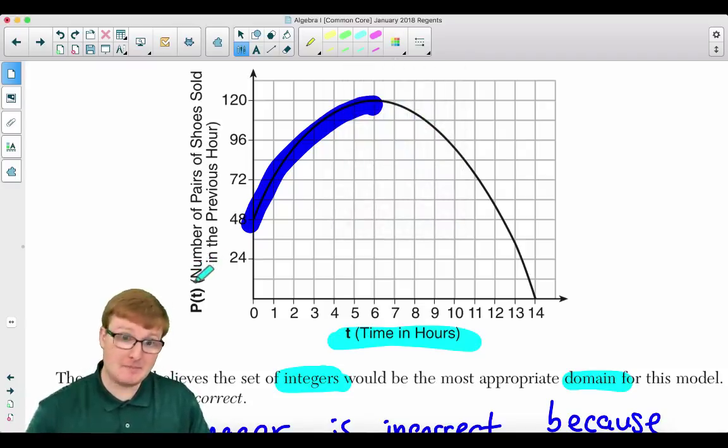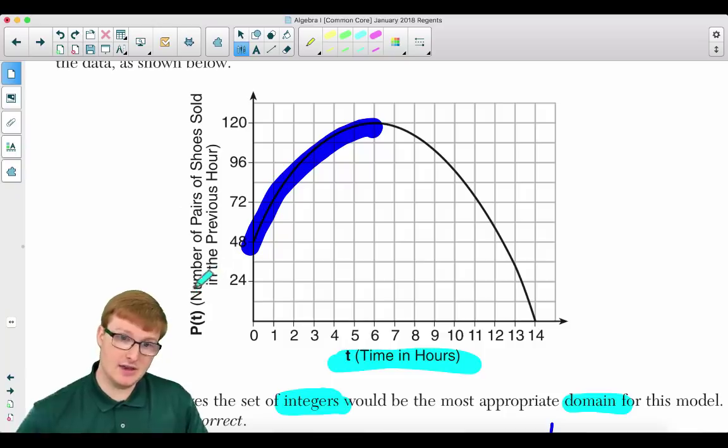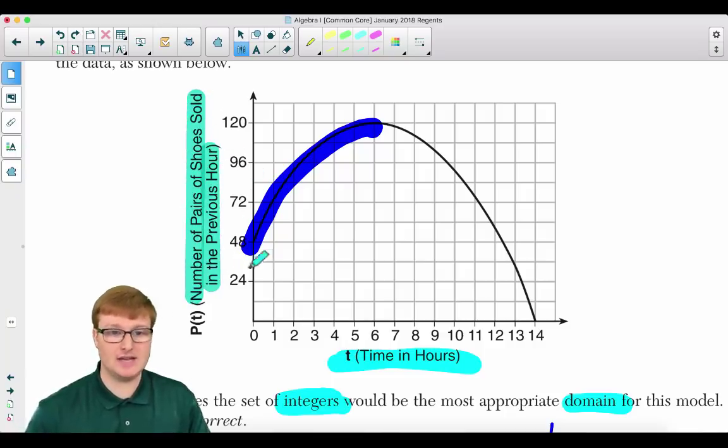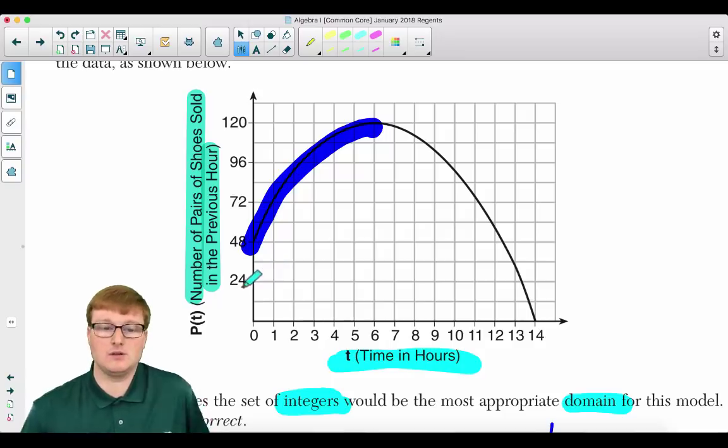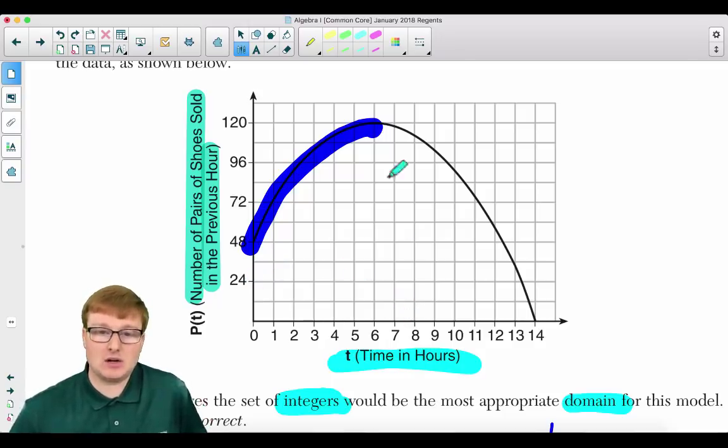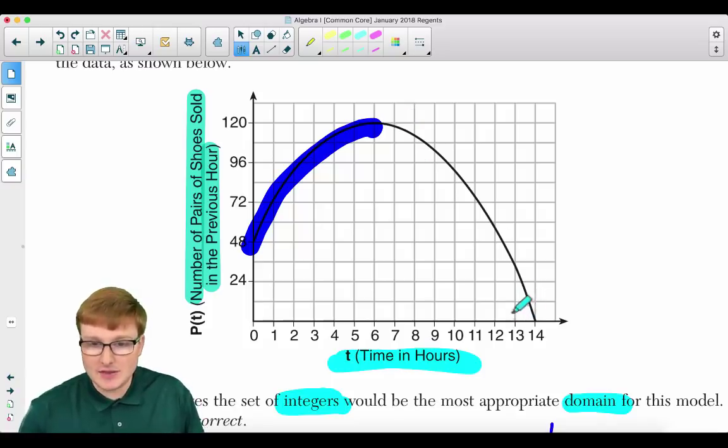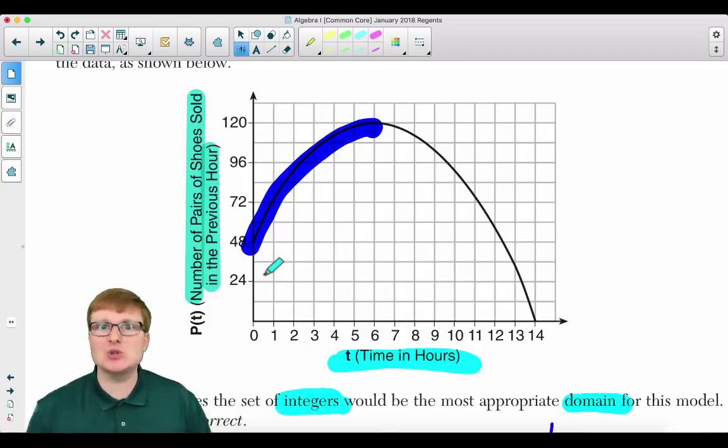This is a P of T. On the left-hand side, it says the number of pairs of shoes sold in the previous hour. Folks, in the 7th hour, they're still selling 118 pairs of shoes. Even at the 13th hour, they're still selling 34 pairs of shoes. They don't stop selling pairs of shoes over the 14-hour interval.